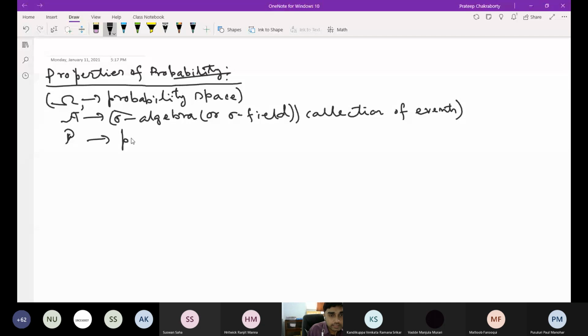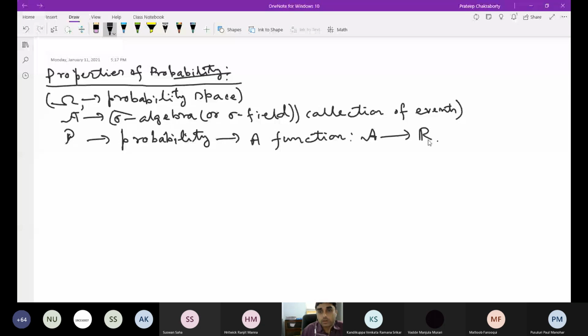So when we say probability space, all three come. So this is a function from the set of events, that is from A, to real valued function.